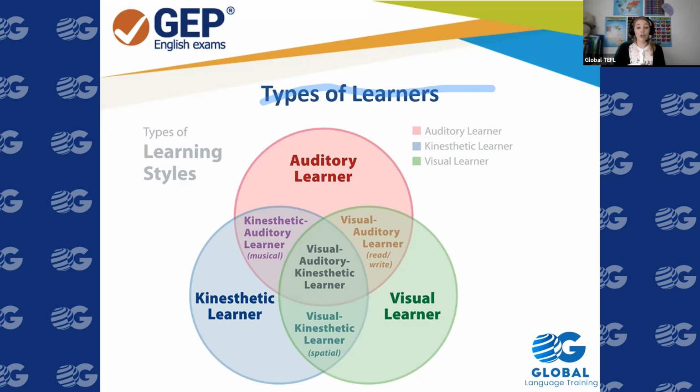How do they best learn? If you're doing a one-on-one lesson, then of course it's going to be easier to tailor your lesson to this specific type of learner and their learner style.